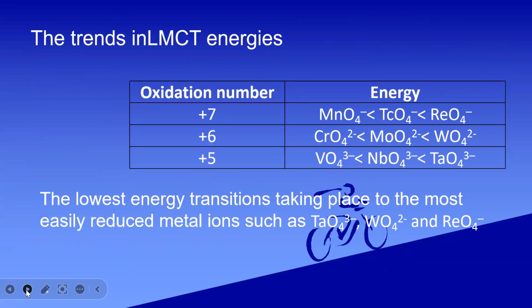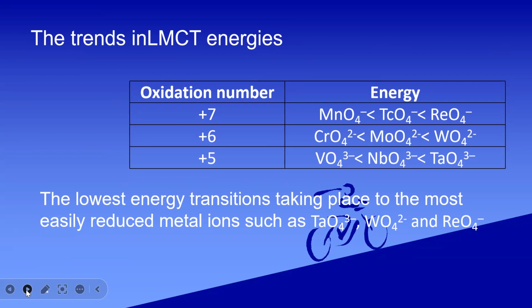Trends in LMCT energies. In the case of oxidation number +7, that is, MnO4- is less than TcO4- is less than ReO4-. The energy of CrO4 2- is low when compared to MoO4 2- when compared to WO4 2-.